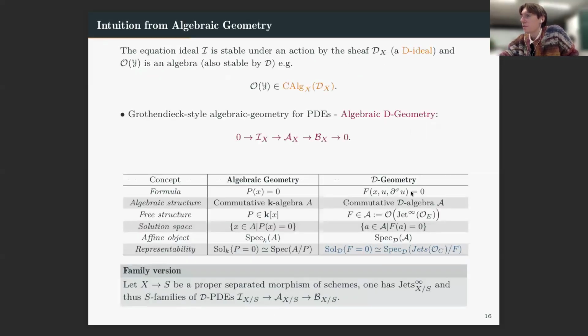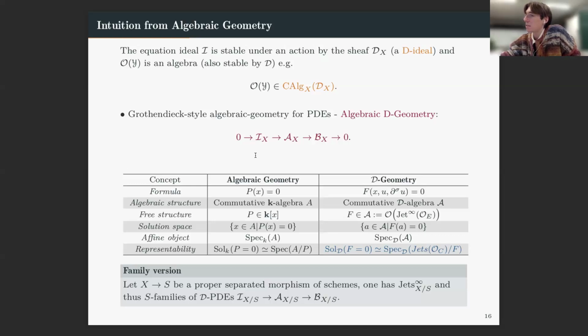Okay, so for us, we want to follow an algebro-geometric style and view PDEs as ideal sheaves or ideal sheaf sequences. So this A of X will always be just the structure sheaf of jets for some bundle over X. And I will just be some differentially consistent system of PDEs. And then B is just the quotient.